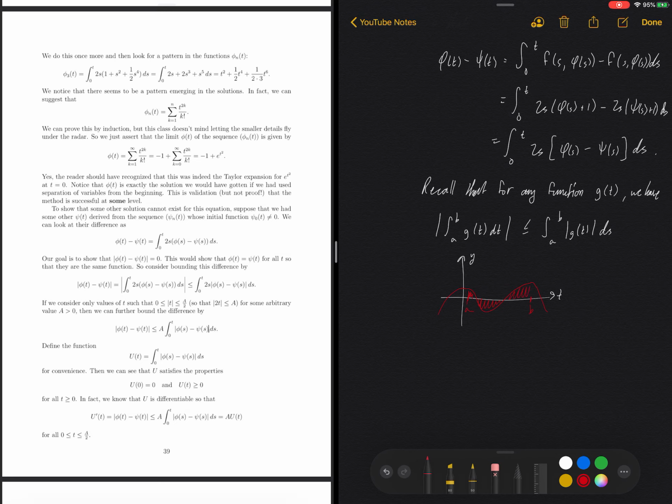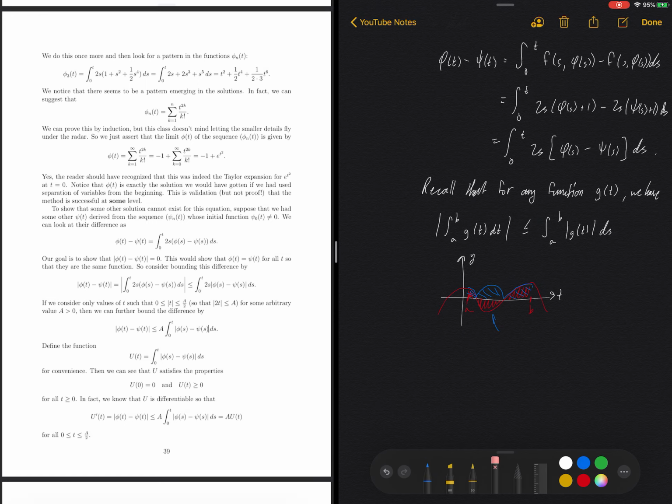So if we had y by t here, and we had a function g that bounces all over the place, and let's say we were going from a to b here, then we're looking for this area under the curve, and we want the absolute value of this guy. As it turns out, the absolute value of g is going to be all positive area, so this won't subtract out what that little red under the t-axis would take out.